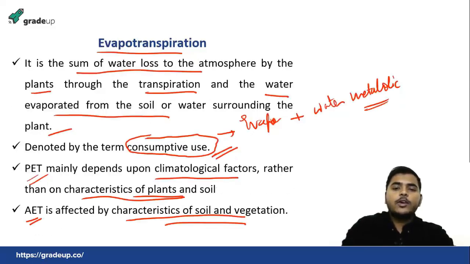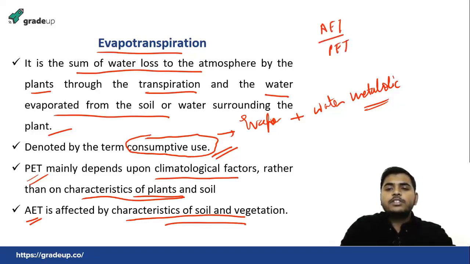And one more thing you have to realize here: for the ratio of AET by PET, when sufficient moisture is available, it is approximately equal to 1. If the moisture goes on decreasing, then this value also goes on decreasing, because actual evapotranspiration goes on decreasing, and potential evapotranspiration will always remain constant.